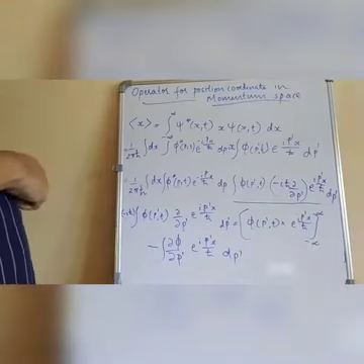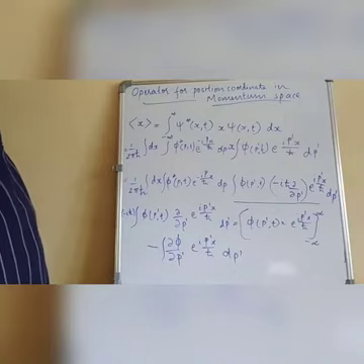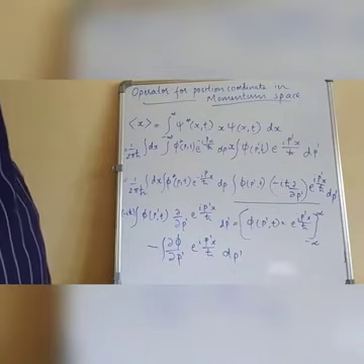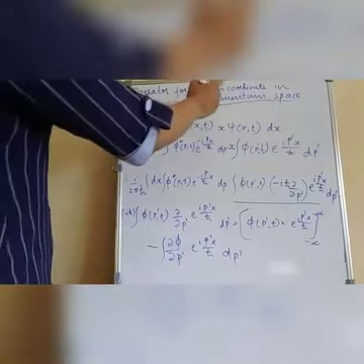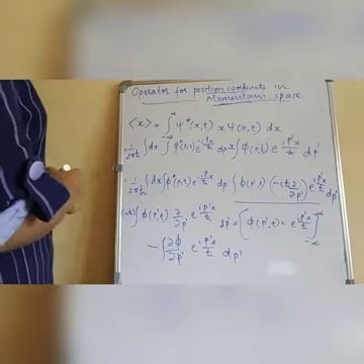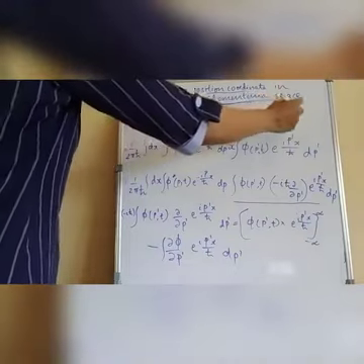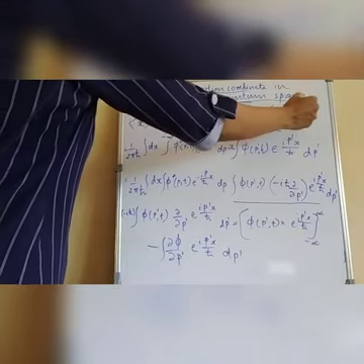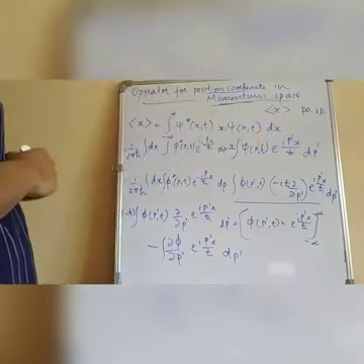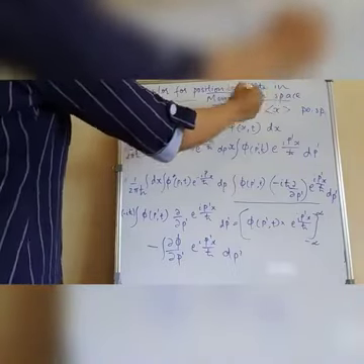Okay, now let us calculate the expectation value of operator for position coordinate in momentum space. We have already calculated expectation value of x in position space. Now, we are going to calculate the same expectation value in momentum space.